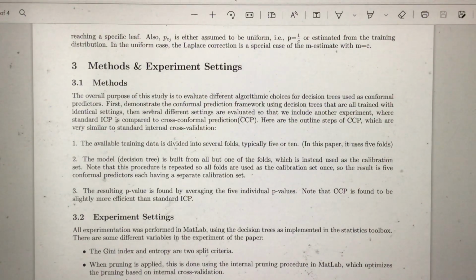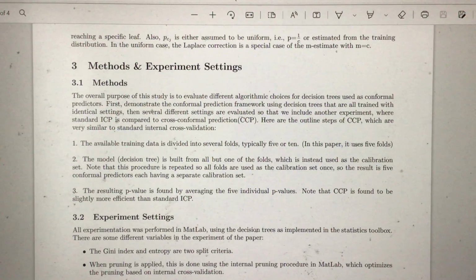First, we demonstrate the conformal prediction framework using decision trees that are all trained with identical settings, and several different settings are evaluated.